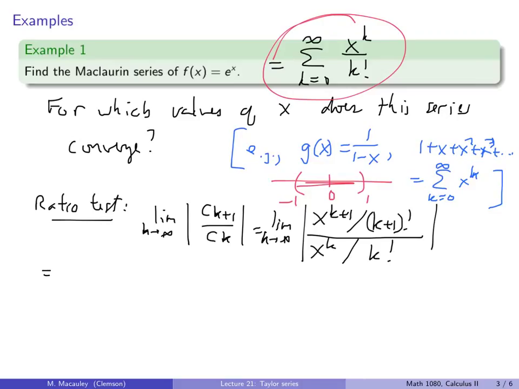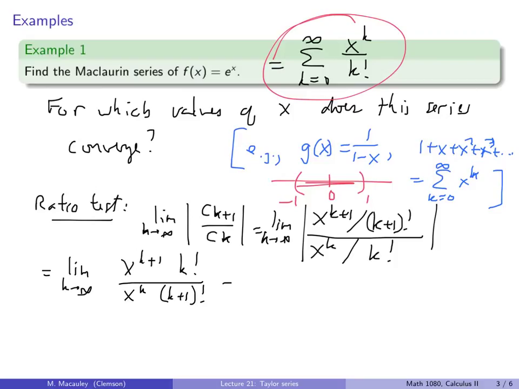Okay, so let's simplify this. This is the limit as k goes to infinity of, okay, so what do we have? We have x to the k plus 1 on top. We also have a k factorial on top, and on the bottom we have x to the k and a k plus 1 factorial.